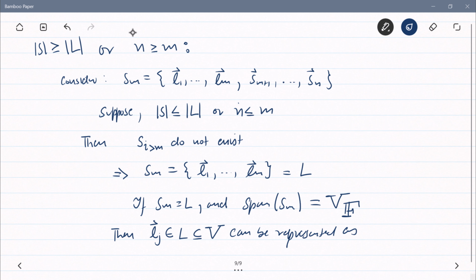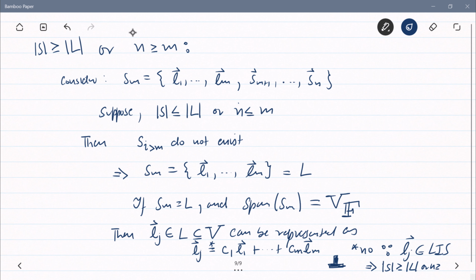This obviously is a contradiction, because L sub j belongs to a linearly independent set, which obviously implies that S should be greater than or equal to L, or n should be greater than or equal to m.